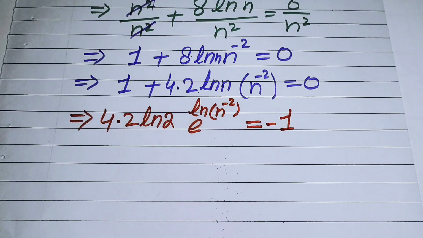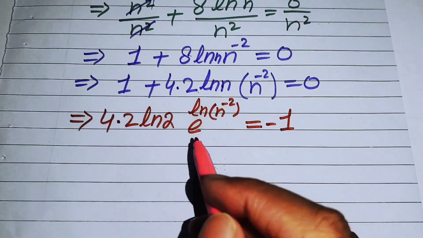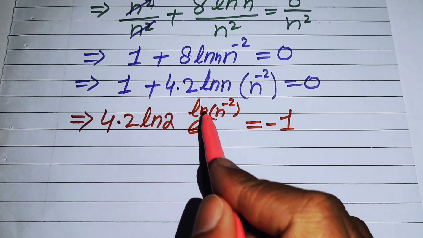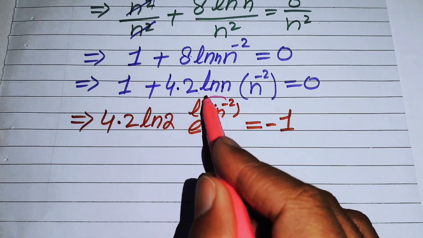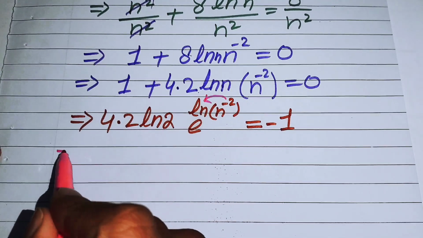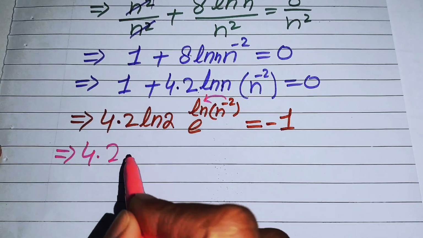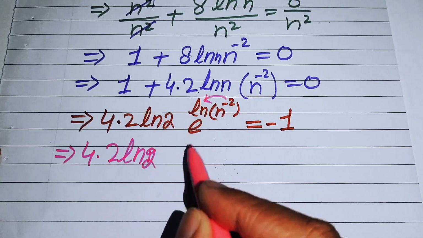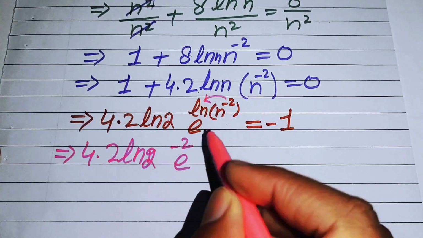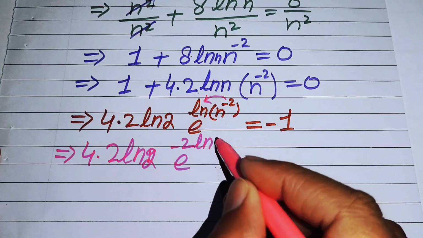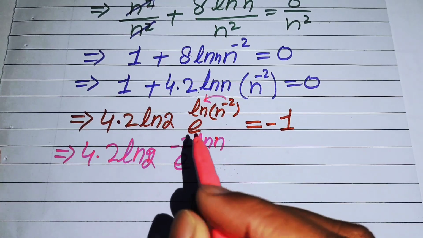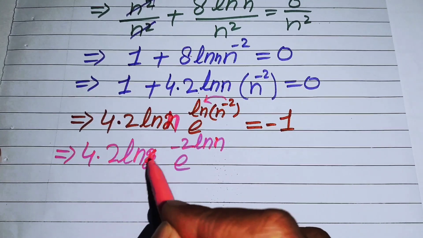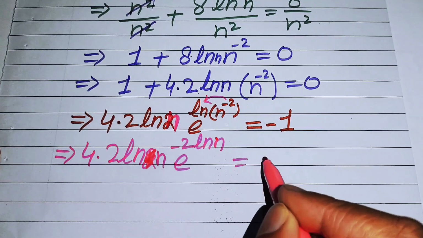In the next step you will see we have e to the power of log of n to the power of minus 2, and when we use the property of logarithm, we can move this minus 2 in front of this log, and it looks like this: 4 times 2 into ln of n, and e to the power of minus 2 times ln of n, and this whole equals minus 1.